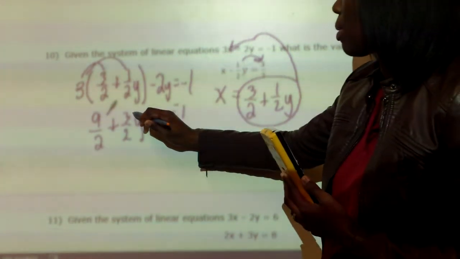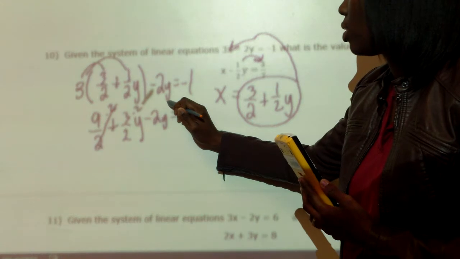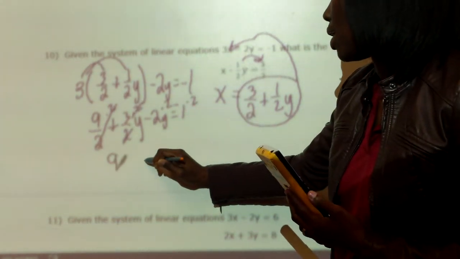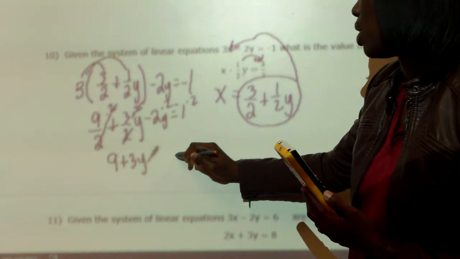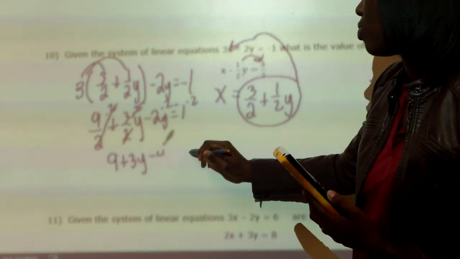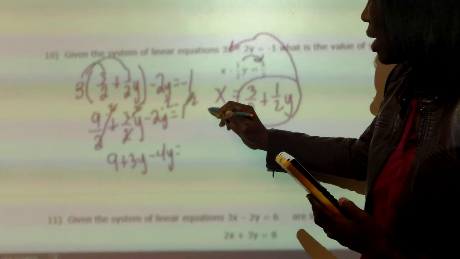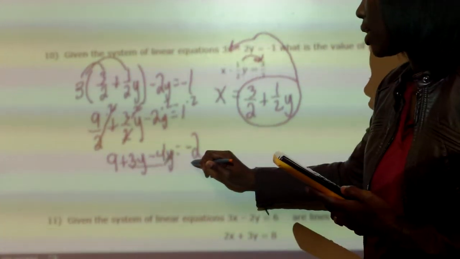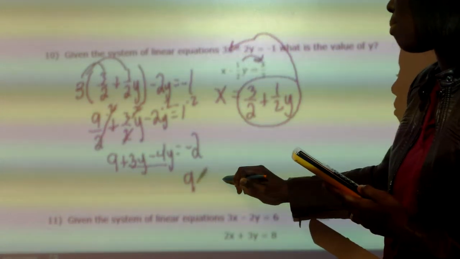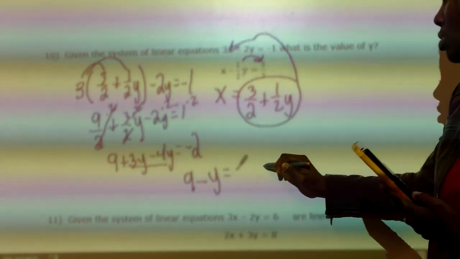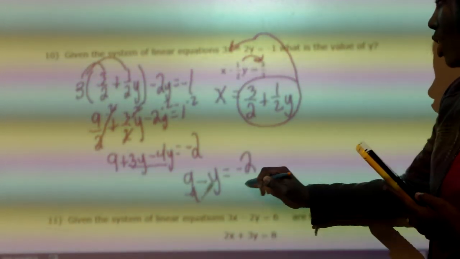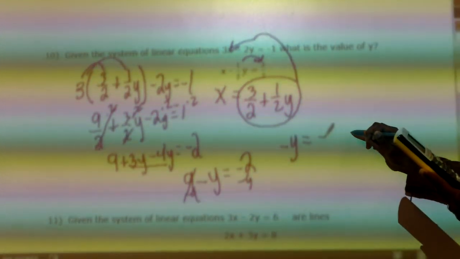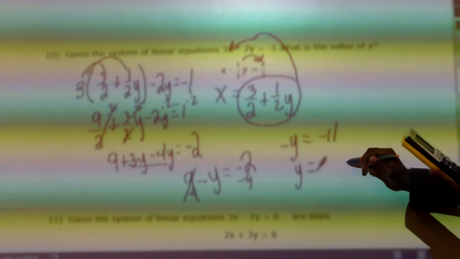Get rid of the fractions by multiplying everything by 2. That gives us 9 plus 3y minus 4y equals, I can't tell my signs, negative 2. Combine like terms, and we end up with 9 minus y equals negative 2. Subtract 9 on both sides and we get negative y equals negative 11, which means y is 11.